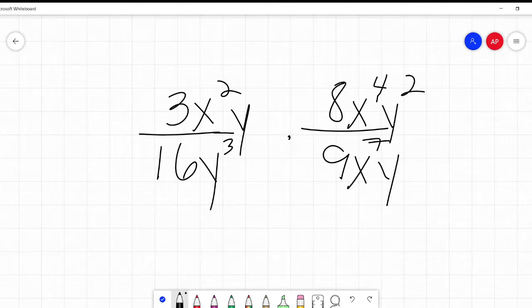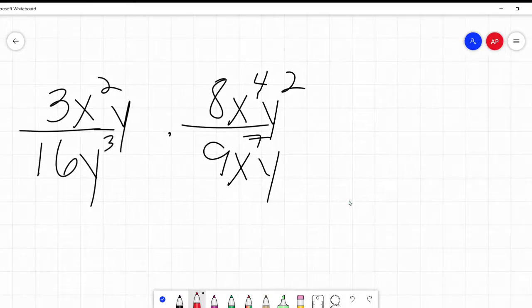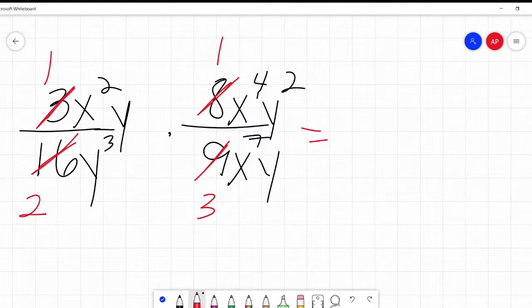And it's just cancel out everything you can. In this particular case, you can, if you wanted to, multiply everything together and then simplify it. But it's a good idea to get in the habit of canceling everything that you can right off the bat. For the constants, it's going to behave the same way as before. 3 goes into 3 one time, goes into 9 3 times. 8 goes into 8 one time, goes into 16 2 times.